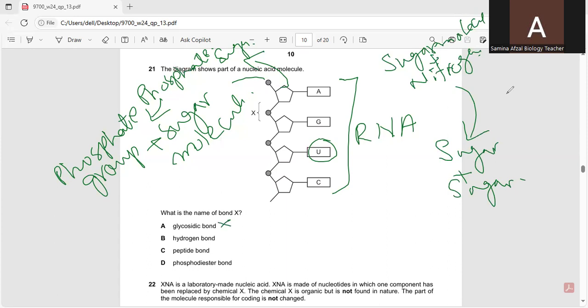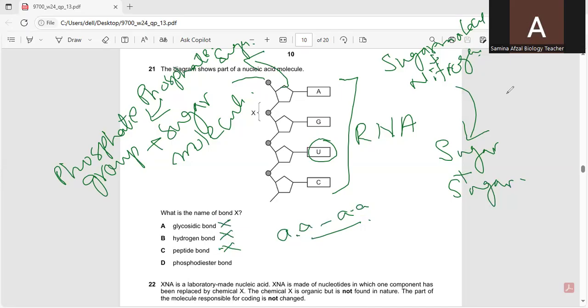The next is hydrogen bond. Hydrogen bonds are formed between the nitrogen bases, which are very weak bonds. So this bond is not there. The peptide bond is formed between protein molecules or amino acids. They join together with the help of peptide bonds. So phosphodiester bond is left behind.